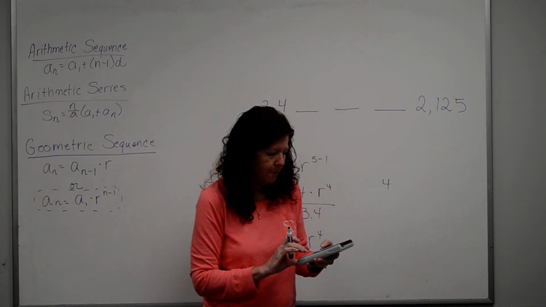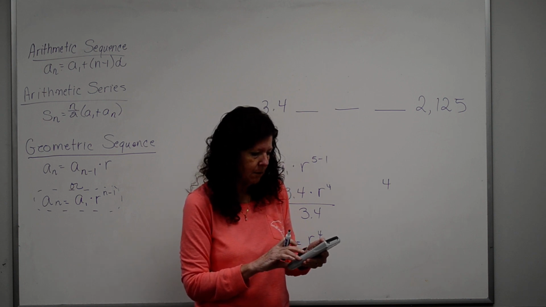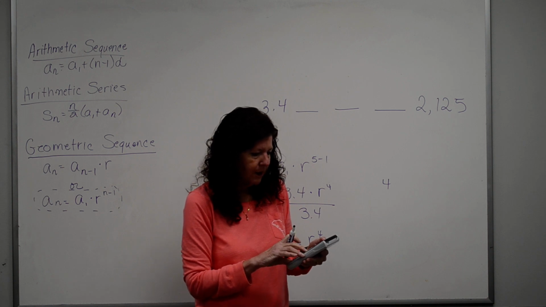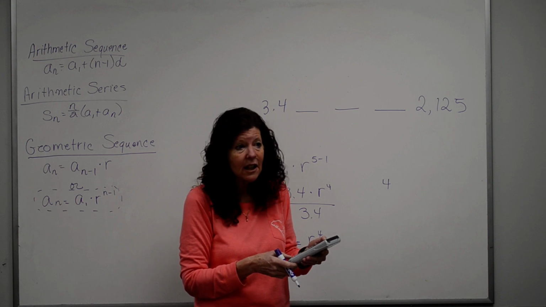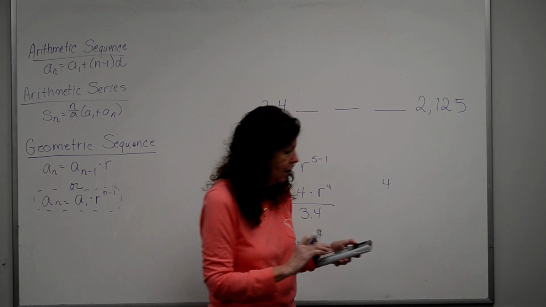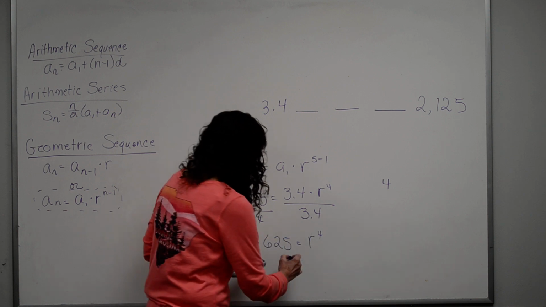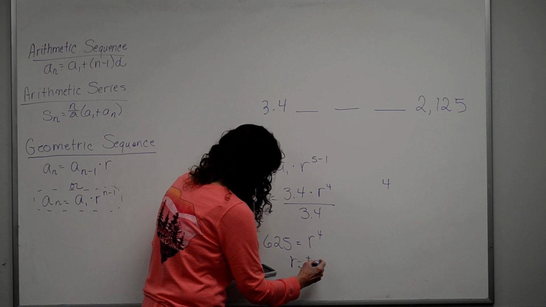Then you're going to go to math, and you're going to go down to the 5th one down. Oops, I just cleared it. The 5th one down has x, and then it has a square root thing. That x tells you what index you're going to use. So I'm taking the 4th root of 625, and it's going to give me positive or negative 5.